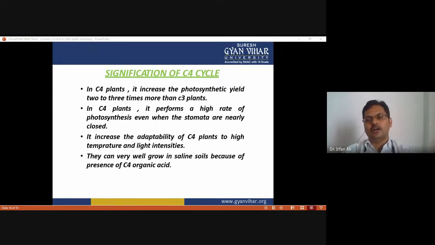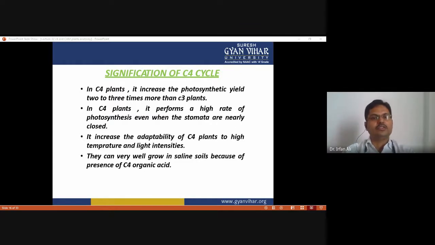Even when the stomata are closed, there is no way to enter carbon dioxide into the mesophyll cells, but the malic acid present in the mesophyll cells is transported to the bundle sheath cells to continue the Calvin cycle even when the stomata are closed.